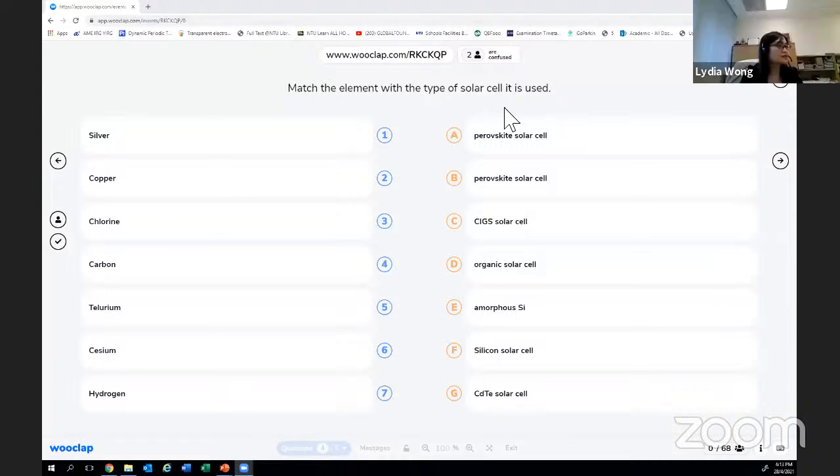Match the element with the type of solar cell it is used in. So remember, I posed this question before, right? Which element is used in solar cell? So now on the left-hand side are the elements, on the right-hand side are the types of solar cell. So which element is used in which type of solar cell?